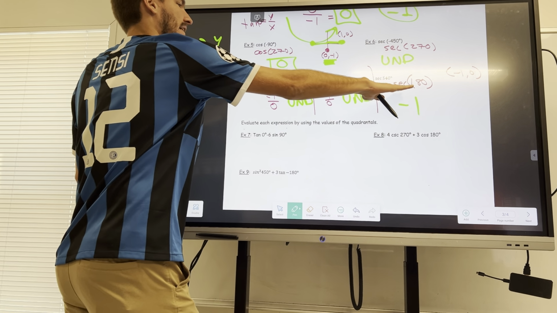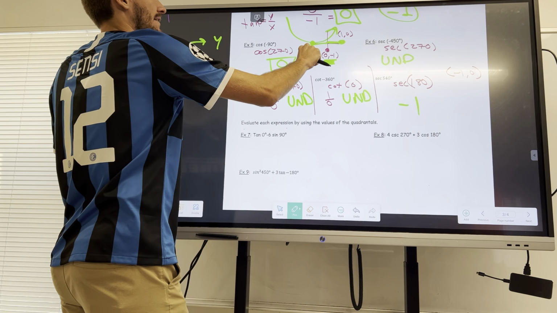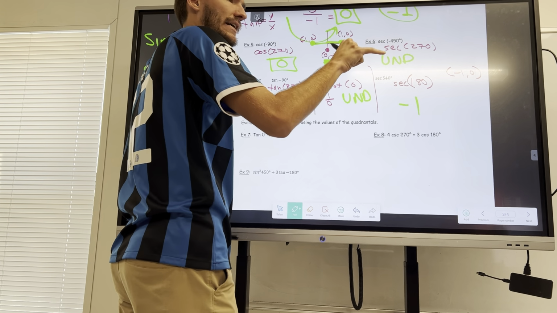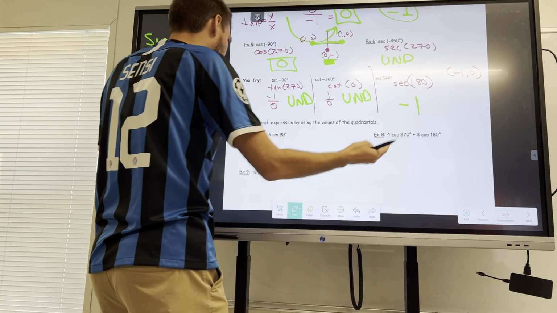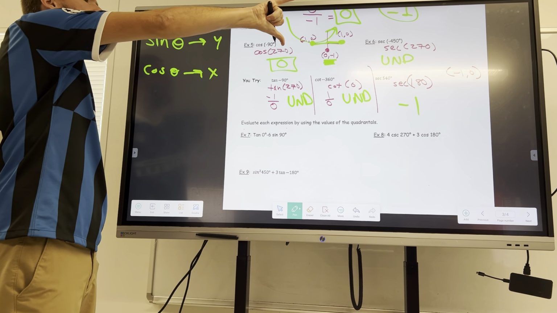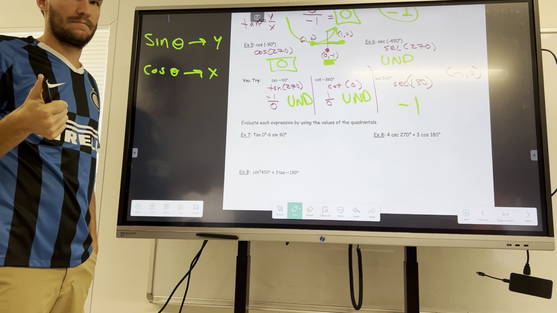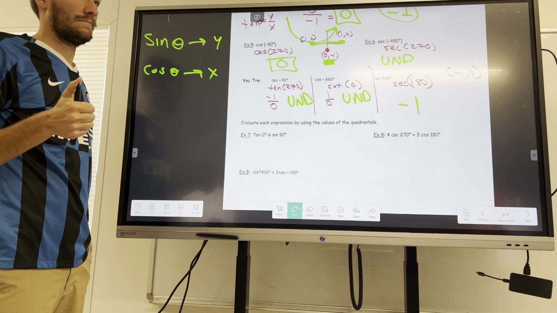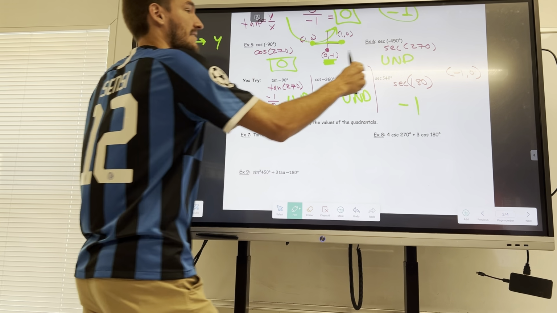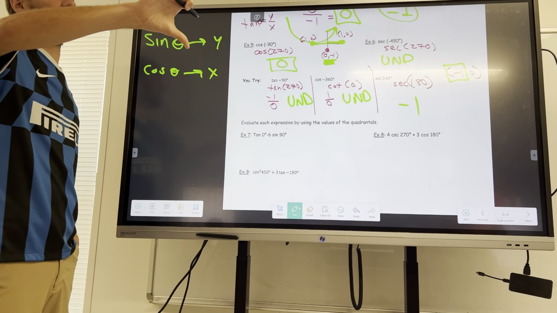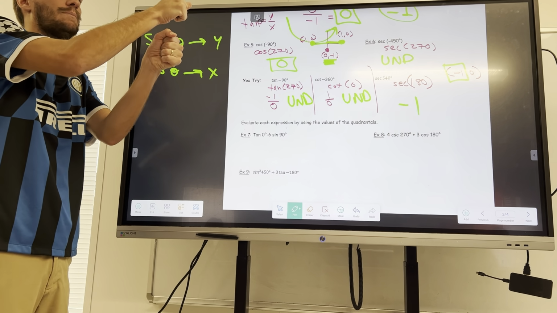The secant of 180, here is 180, negative 1, 0. Secant is related to cosine, and cosine is the x. I take the x value, and I flip it upside down. No, so I'm just taking this, just the negative 1. Right? Only tangent and cotangent is when we build a complicated fraction.